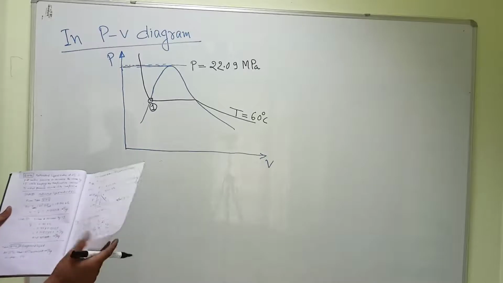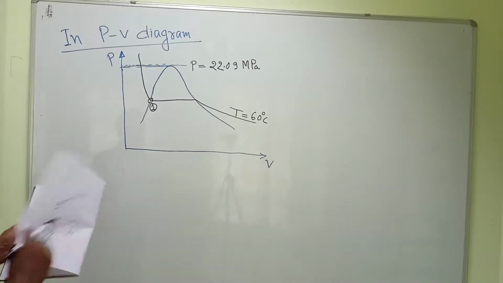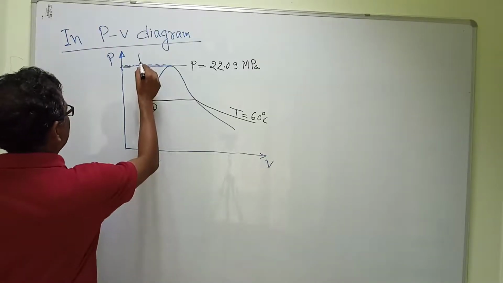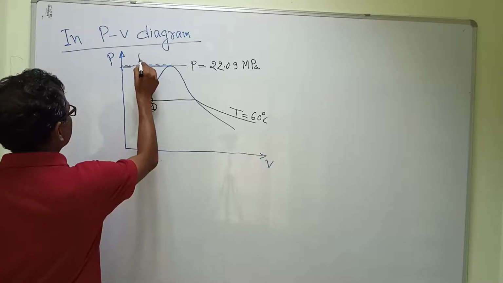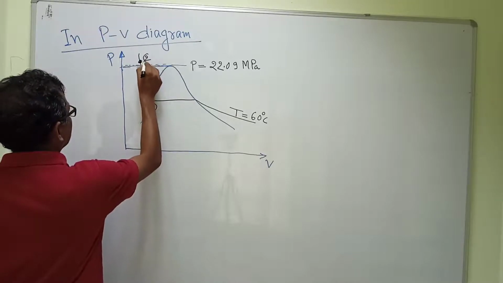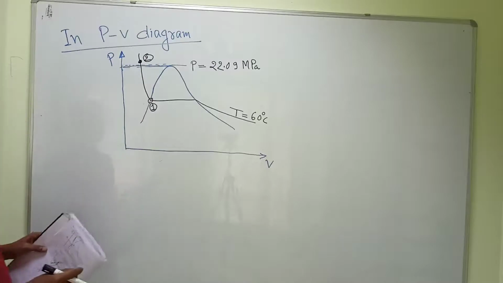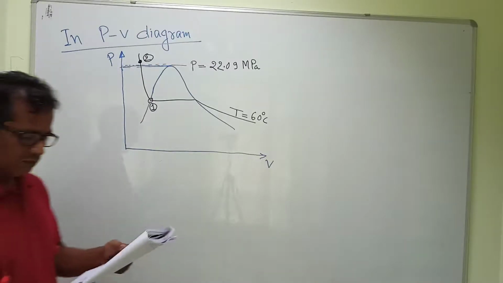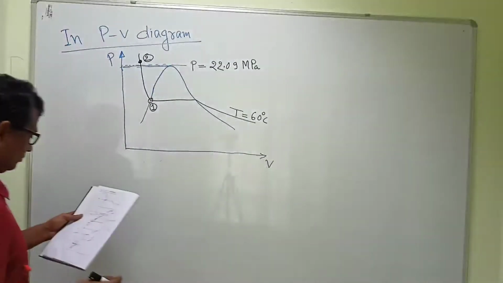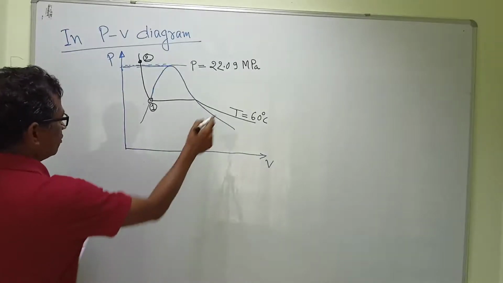But our answer is here, 22.9. So state 2 will be somewhere here, which is more than the critical pressure. Okay, and this is constant temperature.